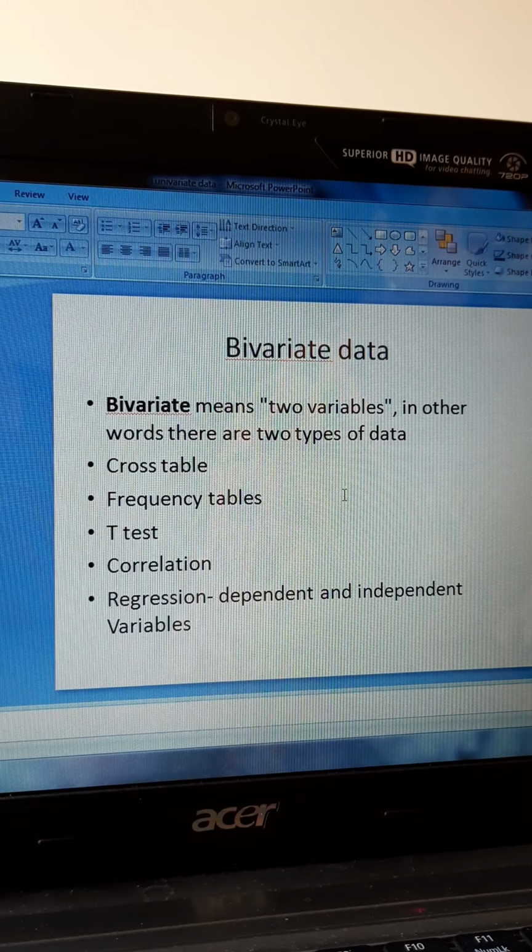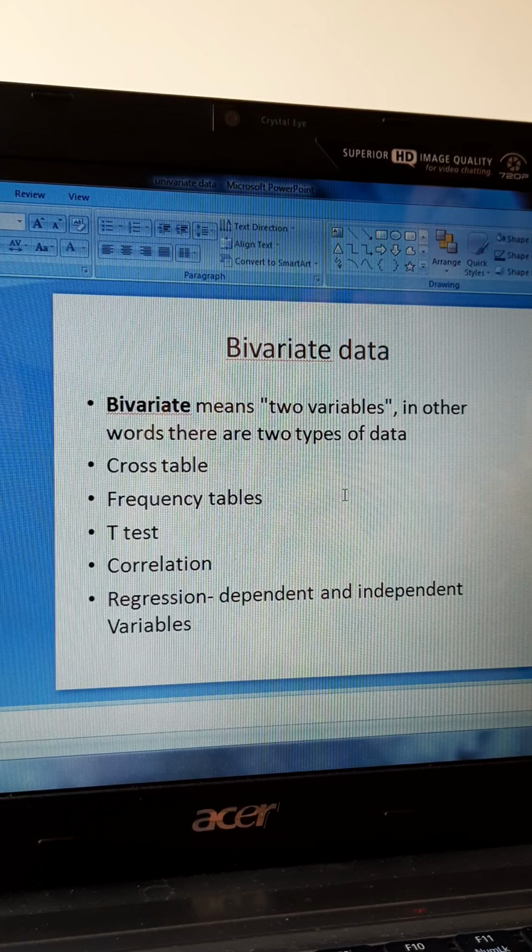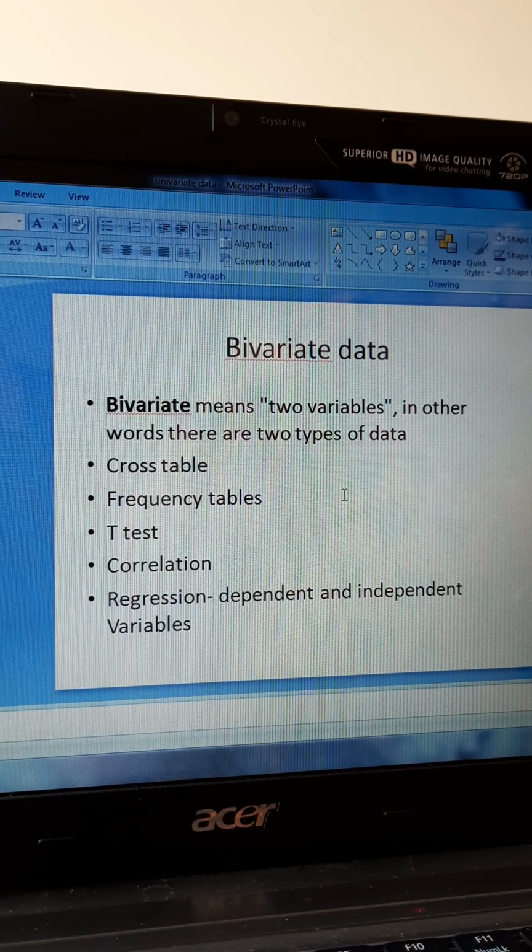These are marketing examples. HR examples are the satisfaction of employees and salary, satisfaction of employees and relationship with the boss, satisfaction of employees and skills, ability to execute work. Okay, these are HR examples.